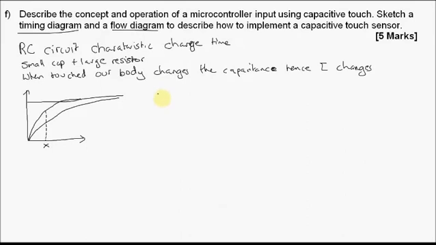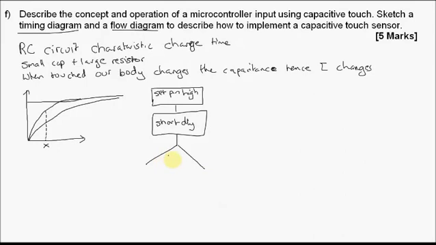So our code might look a bit something like this in our flow diagram. Set pin high. Then we want to have a short delay. And then we want to say, is it charged?